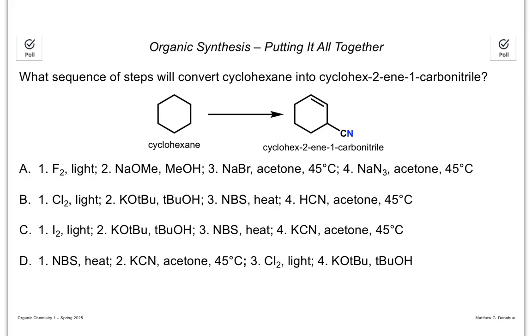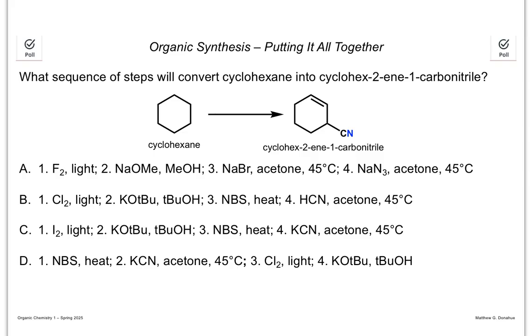So one way to think about doing this, obviously you have the possible sequences. You could run through the reaction steps in the forward direction for each sequence to see where it leads you, if that leads you to the right product. Or you look at the target molecule, identify the functional groups, and then think about the reactions in which you make those functional groups.